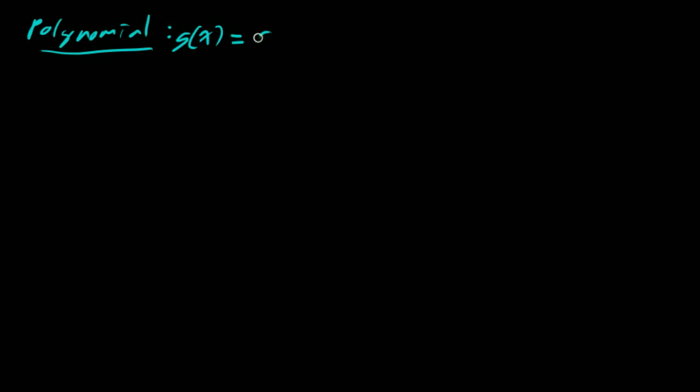I'm going to call this a0 plus a1 times x, and you can imagine that's x to the first power, which is the same thing as just multiplying by x, plus a2. And these a terms are just some number, some constant.